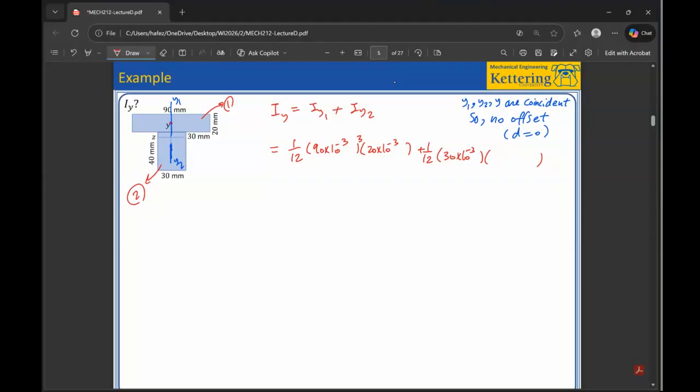So 30 by 40. Because I went with the same order, I know that the first one should be cubed, but let's confirm that. We said the one that is perpendicular to y is in this direction, so this side should be cubed, which is 30. So cube that one. So this is the I about that axis, 1.31 times 10 to the -6 meter to the fourth.